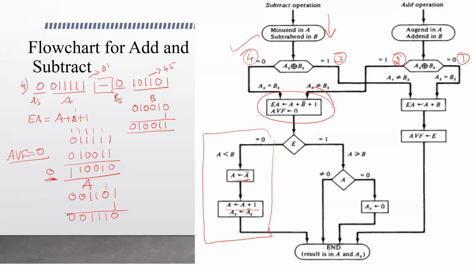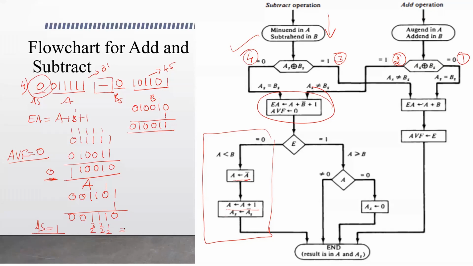And what is the sign? The next step says AS is the complement of AS. What is AS? AS is 0 here. So you need to invert that also. So AS becomes 1. The sign is 1. Now what is this number? 2 power 1, 2 power 2, 2 power 3.